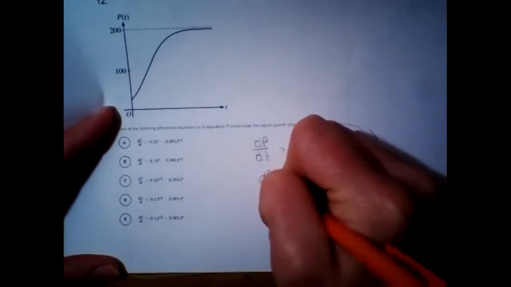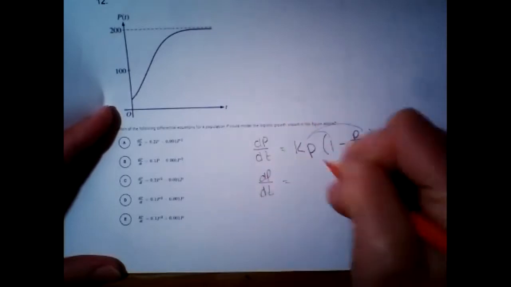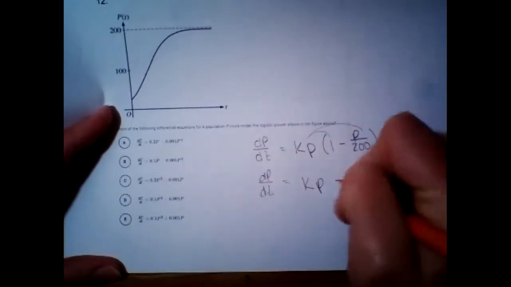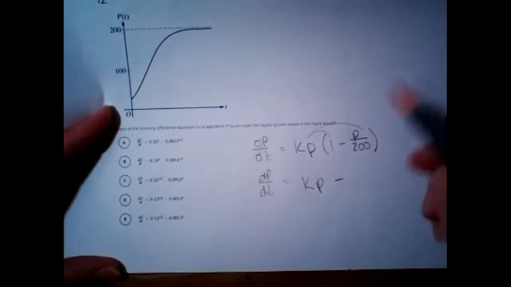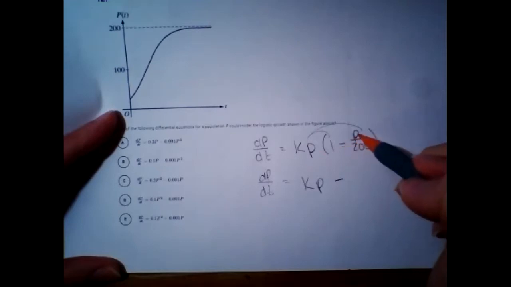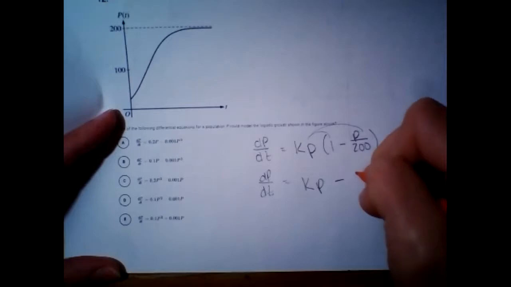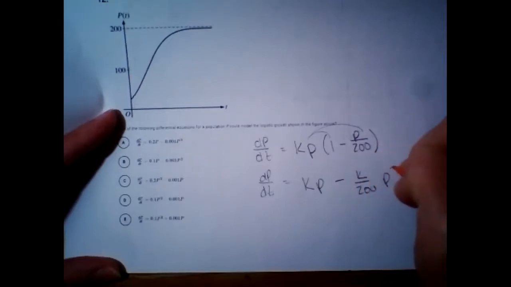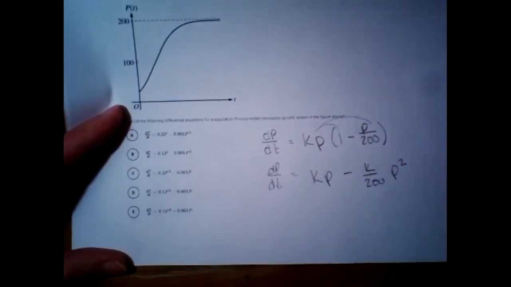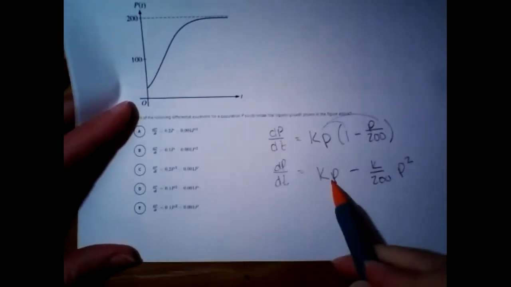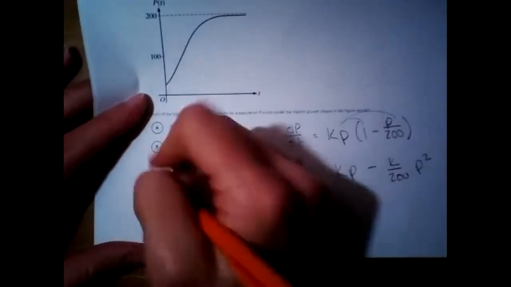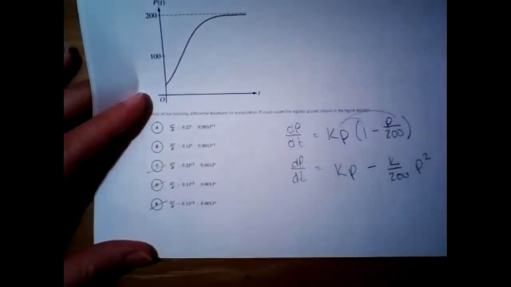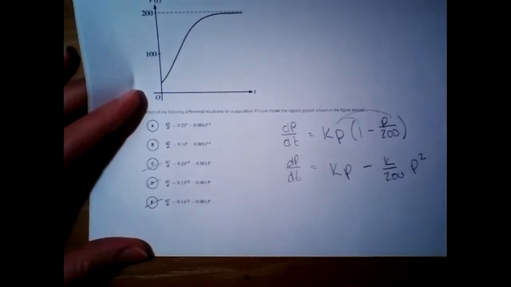So this would be kP minus, and then you would end up with a P squared. So what would that be? Minus k over 200 P squared. And so this allows you to narrow it down, because I think only 2 choices have a P and then minus and then a P squared. I think all the rest of them are backwards. Yeah, C, D, and E are all backwards. So you could even narrow it down to a 50-50 shot.